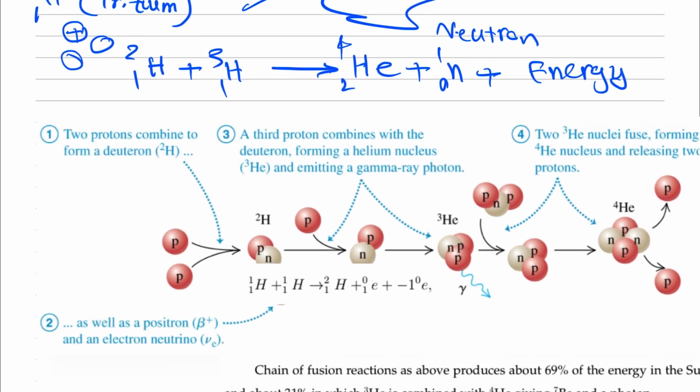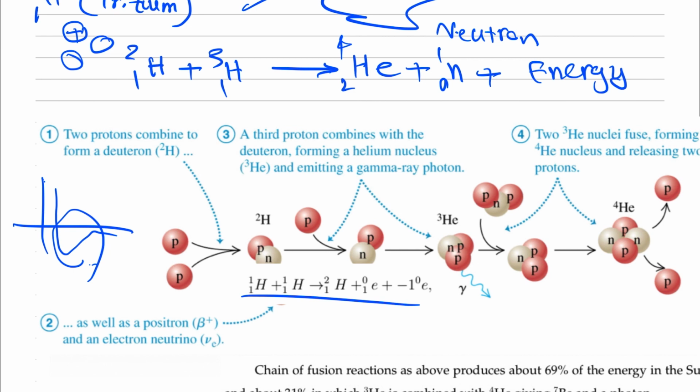Here, 2 protons, under this high pressure and high temperature, get close to each other, so that the strong force in this range could take care of these two similar charges. And then with this reaction, we get the release of energy and also generate hydrogen 2 or deuterium.